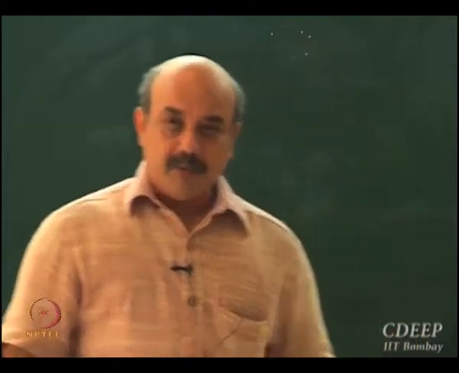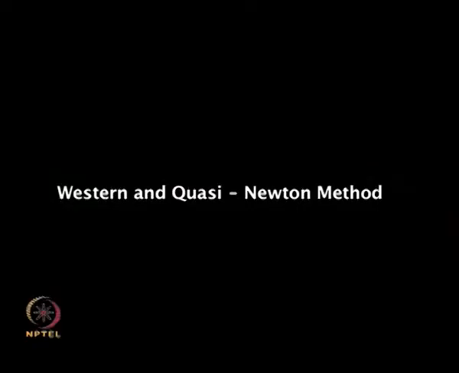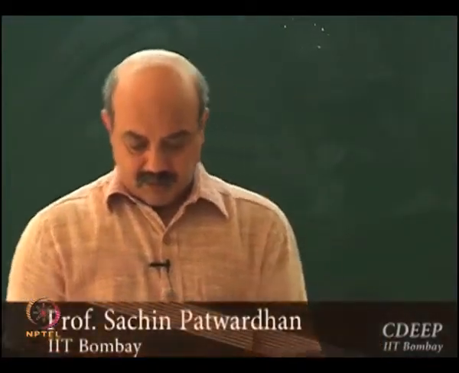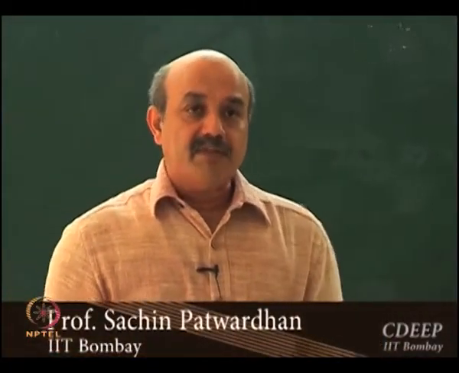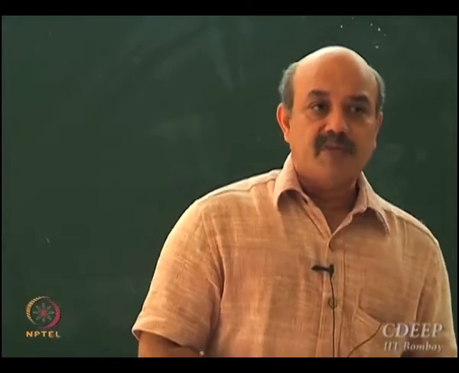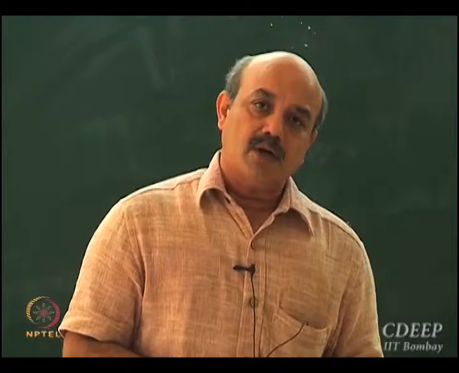So we have been looking at methods for solving nonlinear algebraic equations, and initially we looked at successive substitutions very briefly, which are derivative free methods, no gradient calculation. Then I moved to the univariate Newton's method, basically a variant called the secant method.